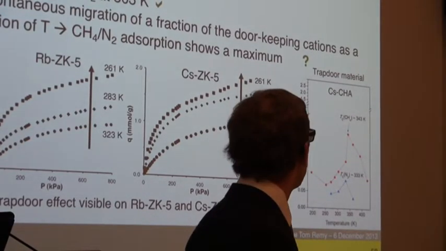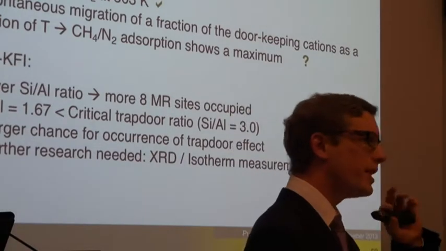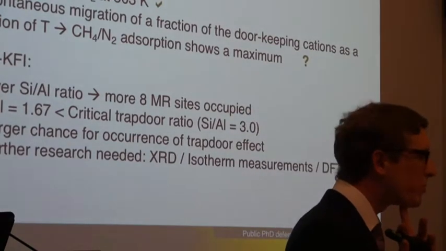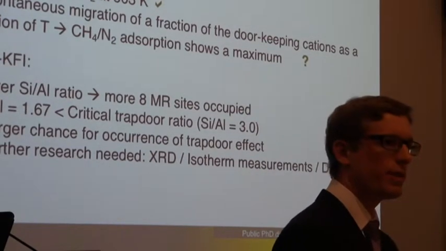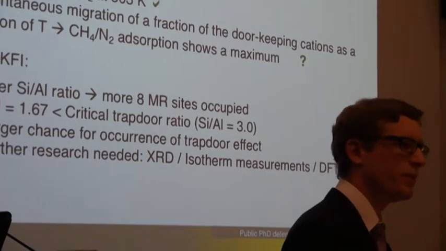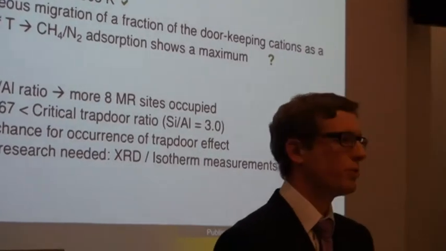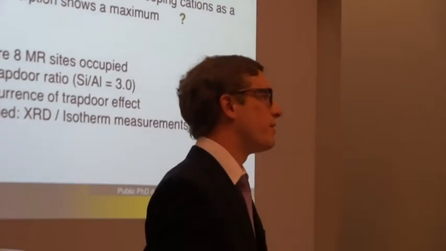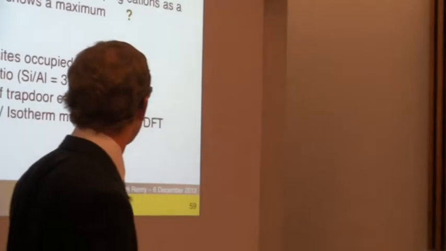And maybe on the low silica potassium form, there could be a trapdoor effect. Because on this zeolite, there's no argon adsorption, still diffusion limitations for methane, but CO2 is being adsorbed. And so is there then a maximum? Well, the answer is I don't know yet. But this zeolite is filled with cations. So probably the effect is there.